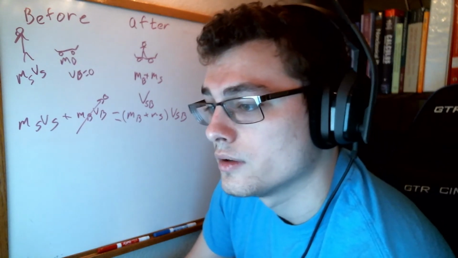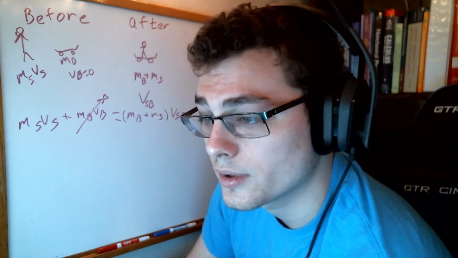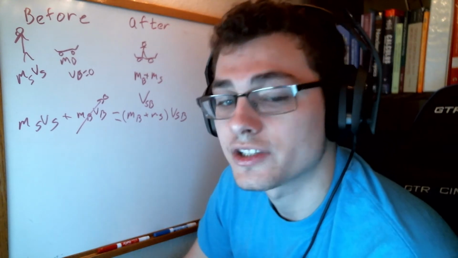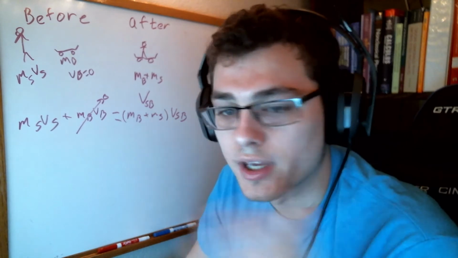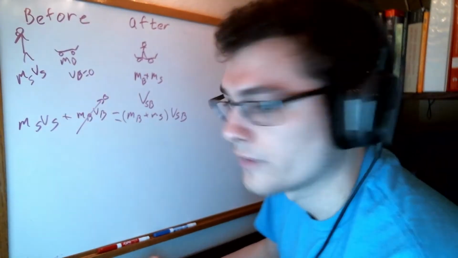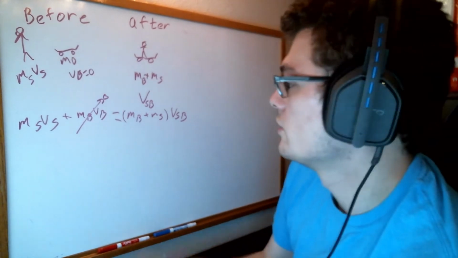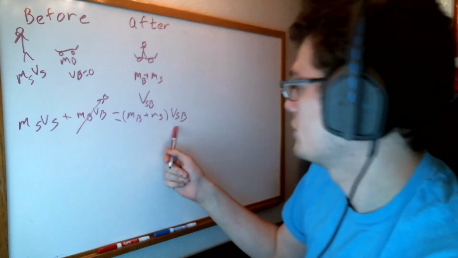Okay, so we're finding an expression for the weight of the skateboard. So we're first going to find the mass of the board, and then from there we'll go ahead and find the weight, because then we just have to multiply by g. So first let's find the mass. So first thing that we have to do is divide both sides by the final velocity.